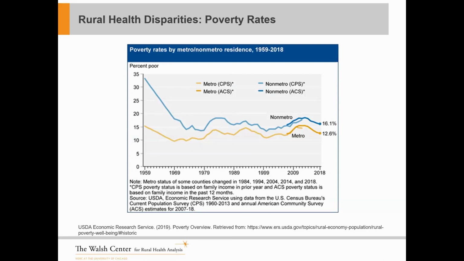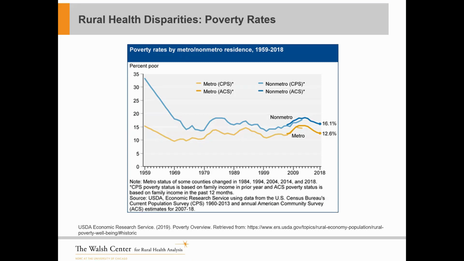We can also look at long-standing poverty rates. And again, when you compare non-metro, which is the blue line, with metro, which is the orange line, you can see over time, we have made great strides, certainly, when you compare what we had in rural communities versus urban communities in 1959.